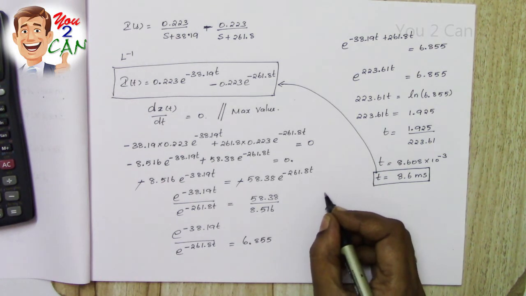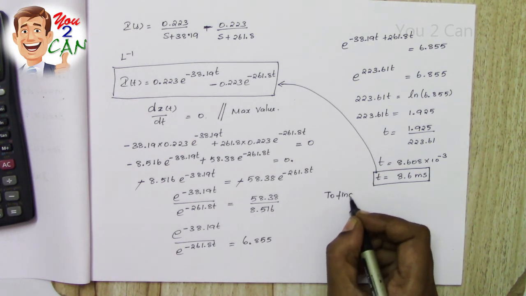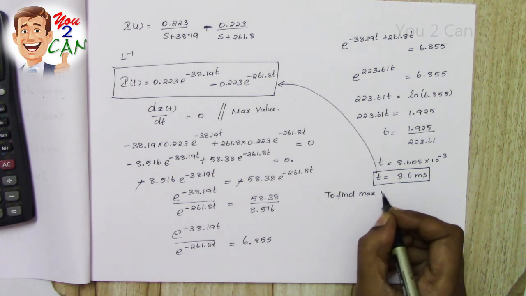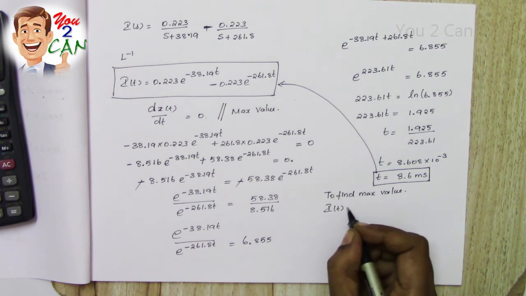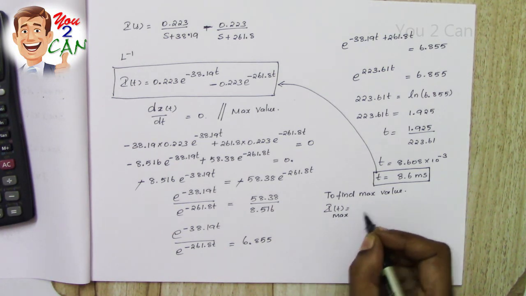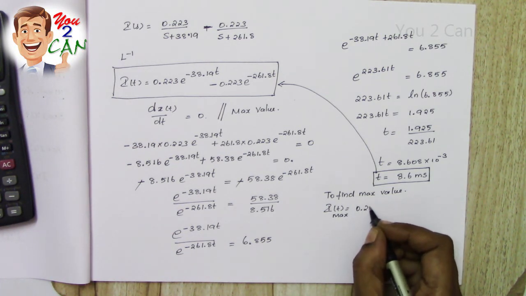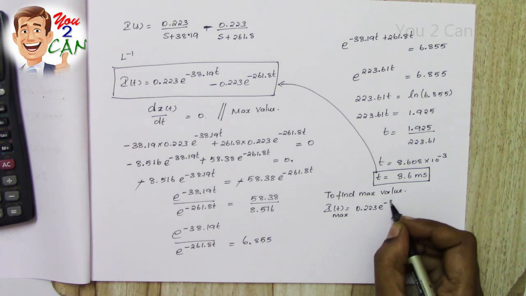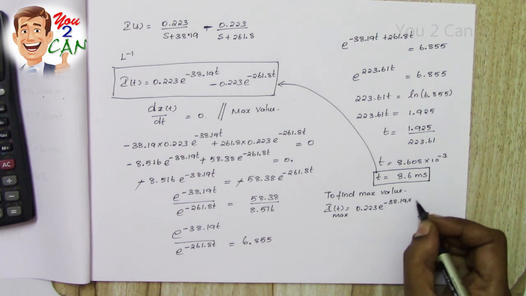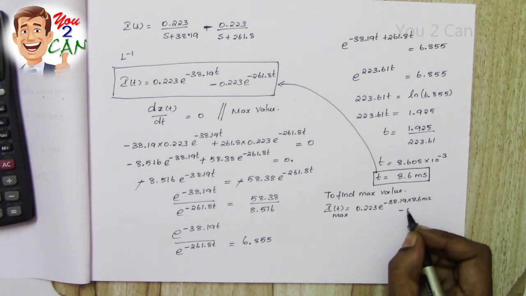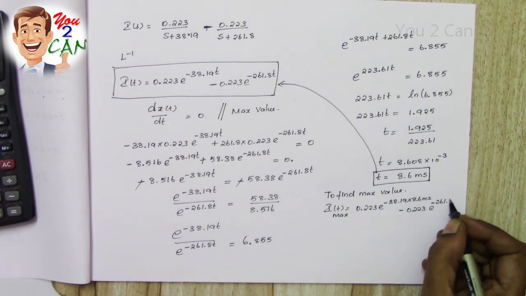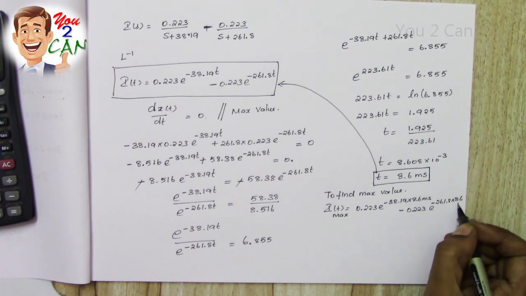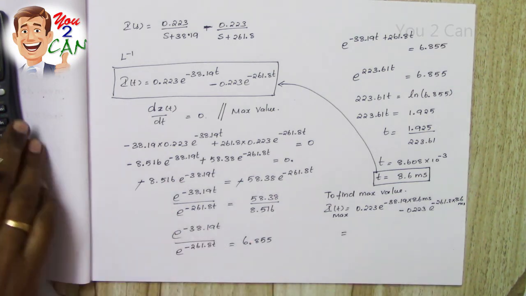Okay, so to find the maximum value, I of t, that is the maximum value, will be equal to 0.223 e power minus 38.19 into this time 8.6 milliseconds minus 0.223 e power minus 261.8 into 8.6 milliseconds. Okay, you have to calculate this.